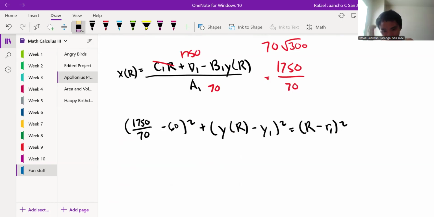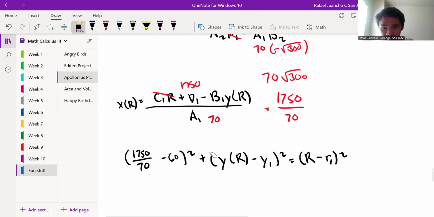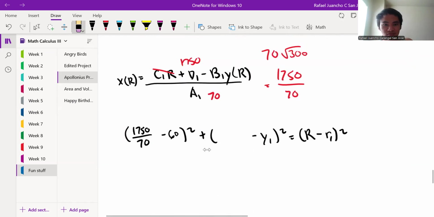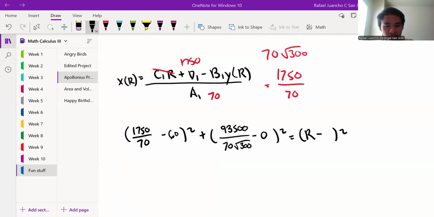And then my y of r is this number, 93500 that thing, divided by 70 square root 300. My y sub 1 was 0. And then my r, well, that's r, what I'm trying to find. My r sub 1 was 10.